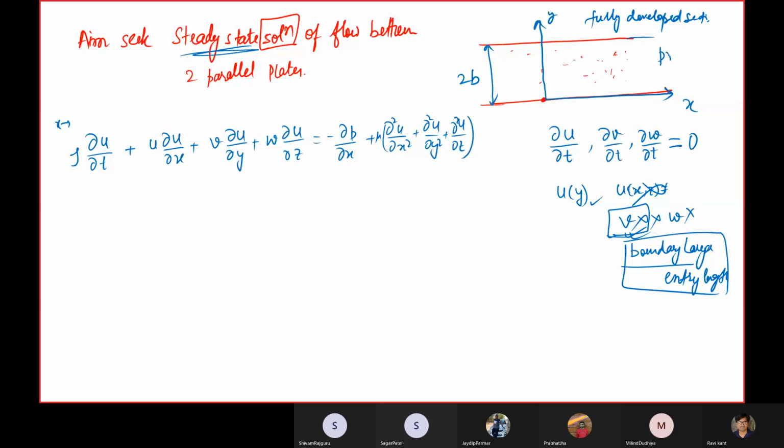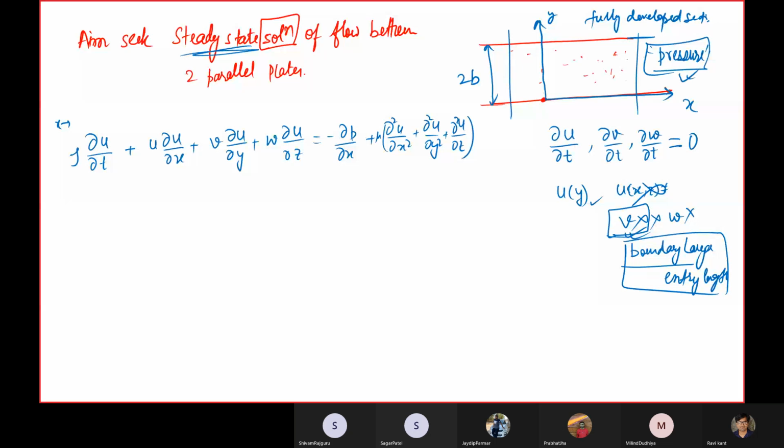Okay, one more thing, we take the generic case and we also assume that there is an applied pressure gradient since the beginning. Because of this pressure gradient the flow is happening obviously; unless there is a pressure gradient in the pipes the flow will not occur.